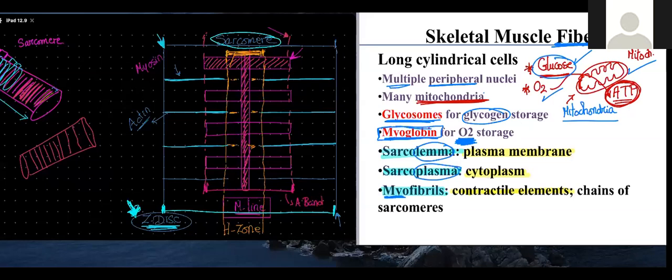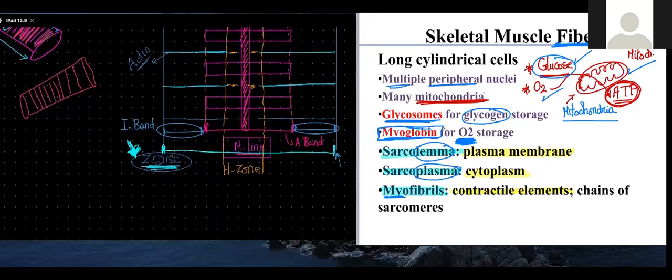And on both sides of the A band, we've got parts that are only going to consist of thin filaments without thick filaments. Those parts on here are my light bands or my I bands.